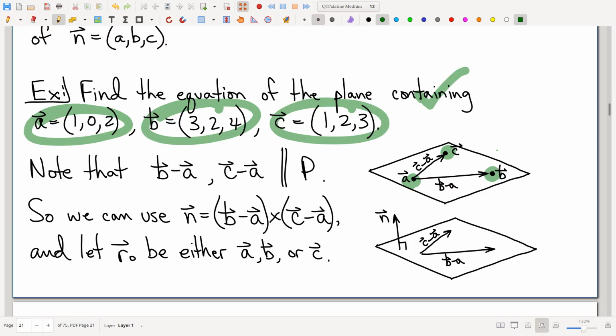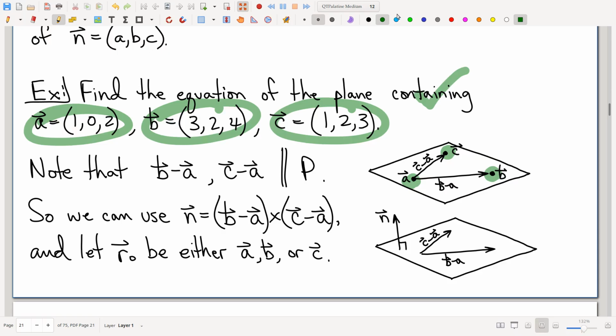But you want to identify unambiguously in your mind, what do I have to work with? What have I been given here? And then also identify, what do I need? What have I been asked? I've been asked to produce the equation of the plane. So what do I need to make the equation of the plane? We've been given these 3 points in the plane.